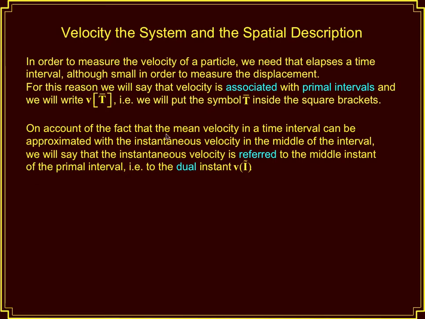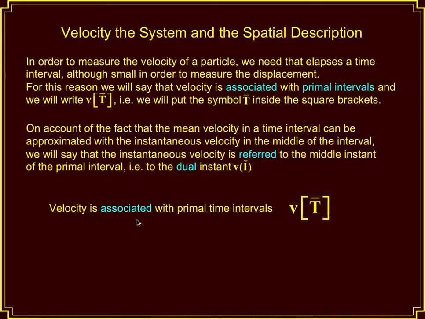On account of the fact that the mean velocity over a time interval can be approximated with the instantaneous velocity in the middle of the interval, we will say that the instantaneous velocity is referred to the middle instant of the primal interval, that is, to the dual instants.